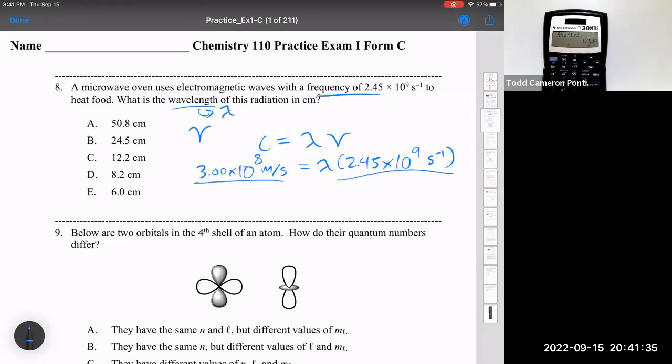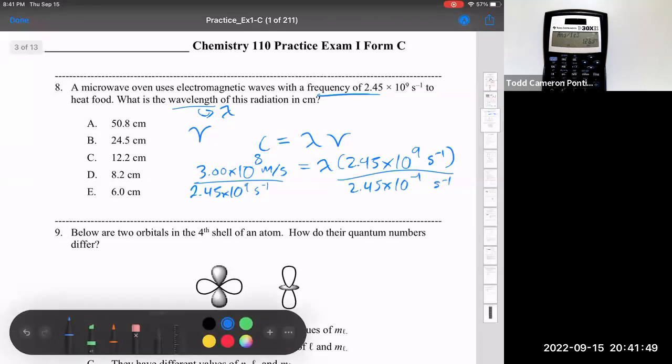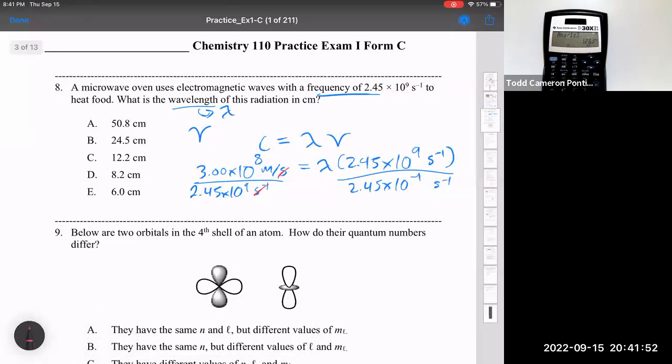We'll divide both sides by frequency. Seconds will cancel out, and we'll get that lambda is equal to 0.122 meters.